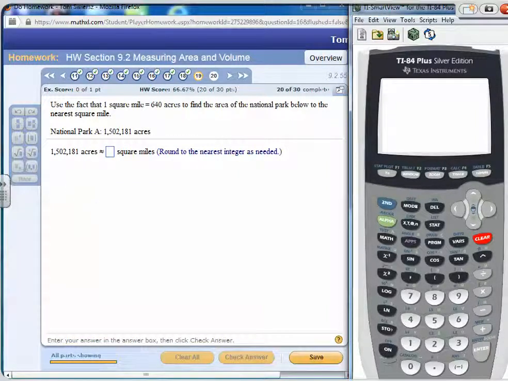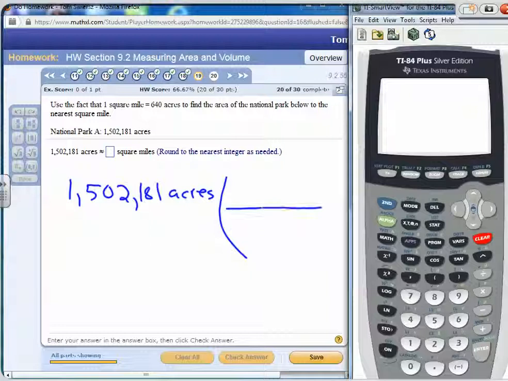Okay, so we've got 1,502,181 acres. We want to convert to square miles. What are we given here? 1 square mile is 640 acres.